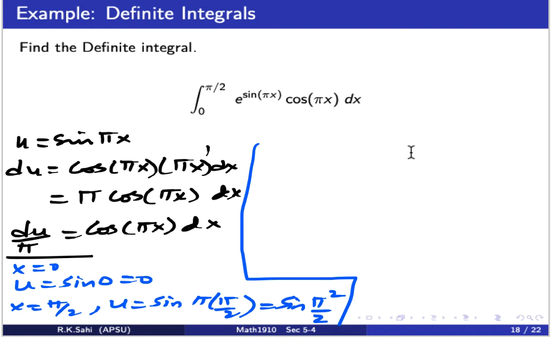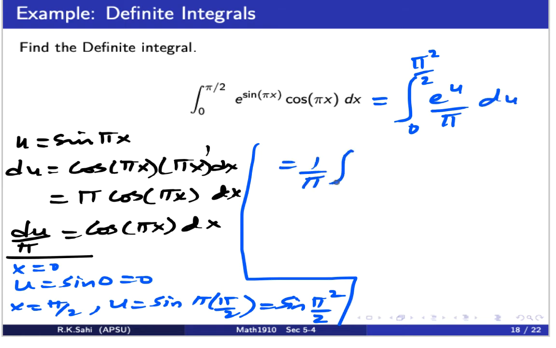Don't make the mistake of saying sine of pi square over 2 is 1. No, it's not. So when you make the changes here, you're going to go from 0 to pi square over 2, and e to the power u du over pi. So 1 over pi, 0 to pi square over 2, e to the power u du.